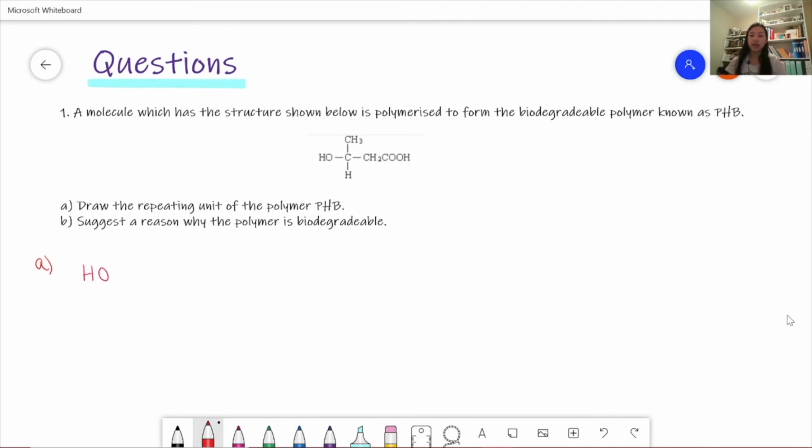So we have OH, and then CH3, hydrogen, and then we've got a CH2, and then you've got a carbon with double bond oxygen, and then OH, and then we're going to add another one of these, and then plus ... and then on the other side as well.